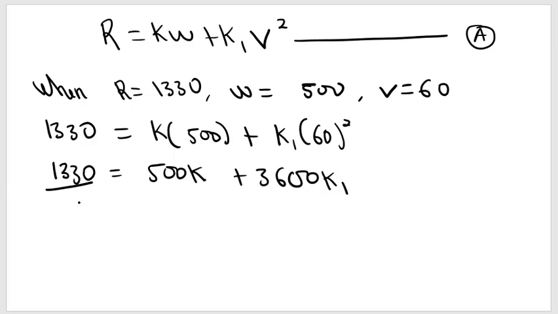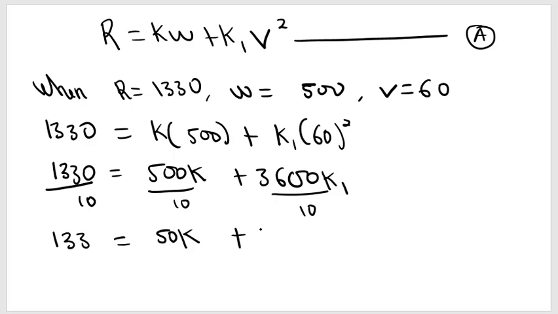We divide this side by 10, and this side by 10, and this side by 10. So we get 133 being equal to 50K plus 360K1. So this becomes our equation 1.